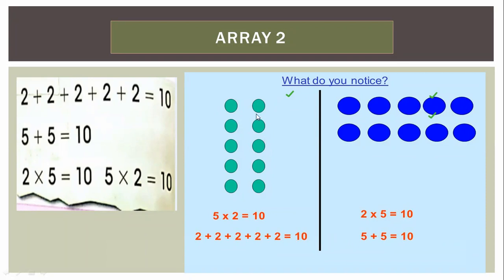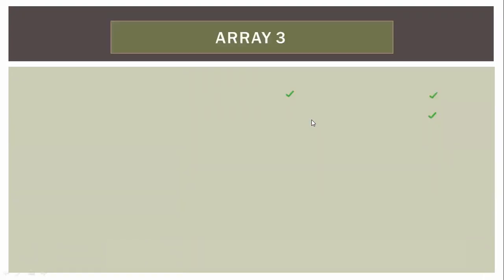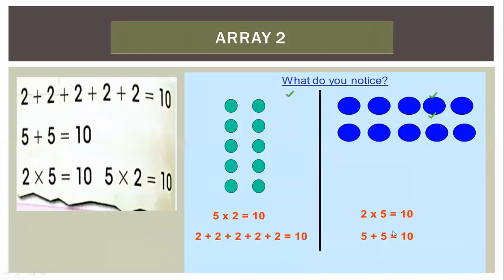You can make 2 columns and 5 rows, or you can make 5 columns and 2 rows. It's up to you. Just draw the diagram in front of the equation in your book. You don't have to write here. This is just for understanding. The question is already given. You have to draw the array.